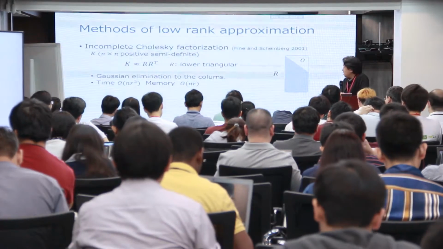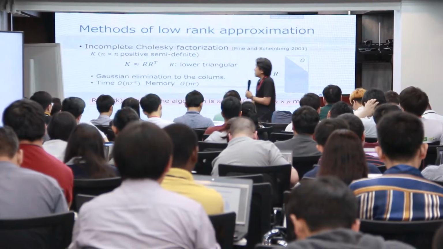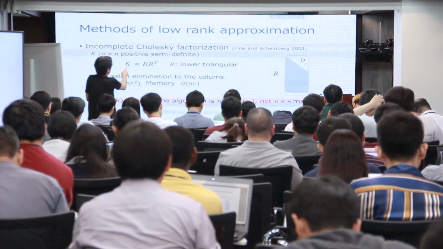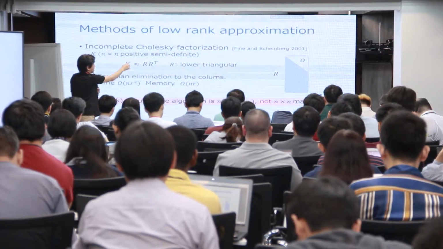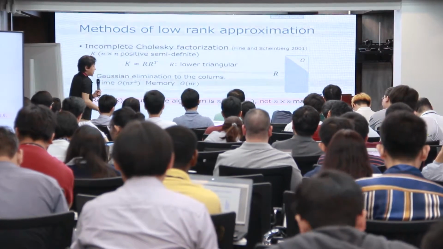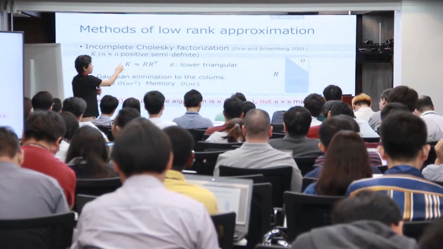One important point is that if we start from the Gram matrix, this already has an n times n matrix and n squared already. But this algorithm doesn't start from this Gram matrix.